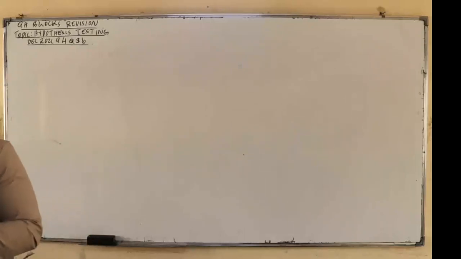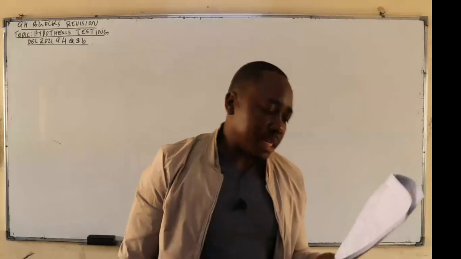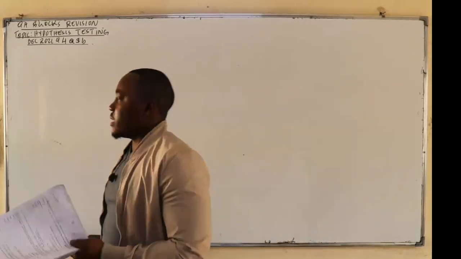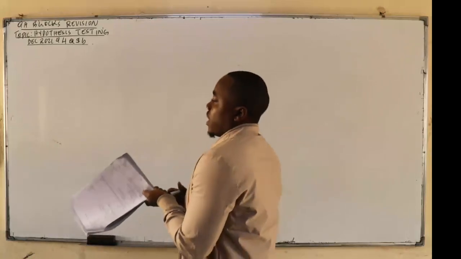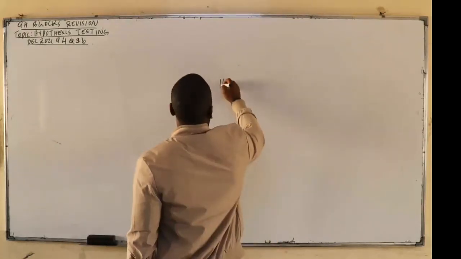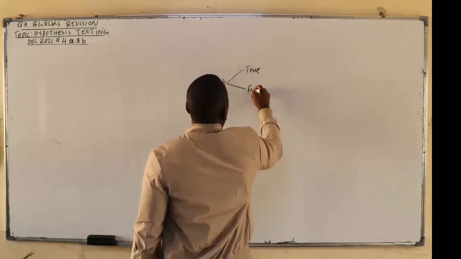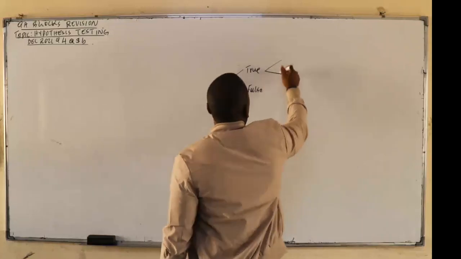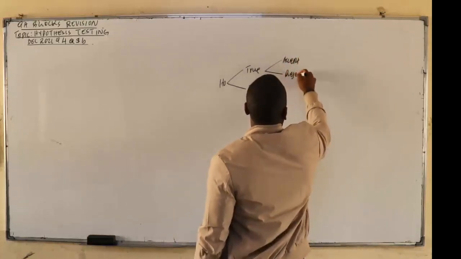At A, in the context of hypothesis testing, distinguish between type 1 error and type 2 error. The claim can either be true or false. Then you can either accept or reject.